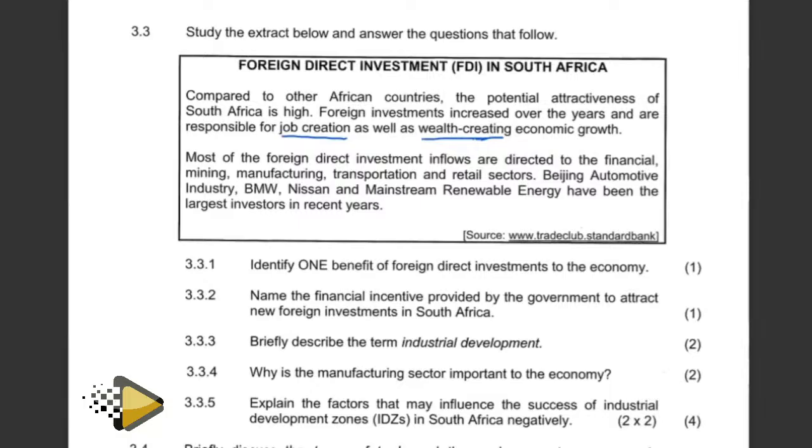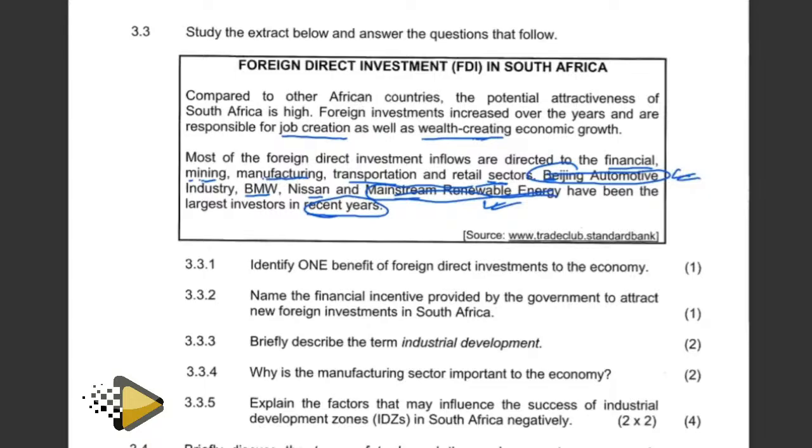Most of the foreign direct investment inflows are directed to the financial, mining, manufacturing, transportation and retail sectors. The automotive industry, BMW, Nissan and the renewable energy ministry have been the largest investors in recent years.